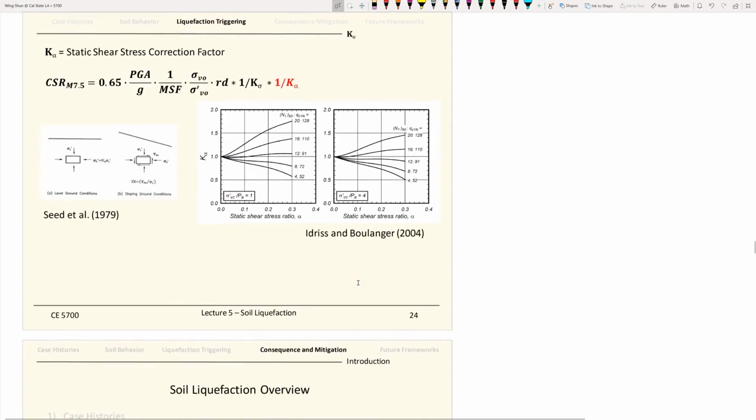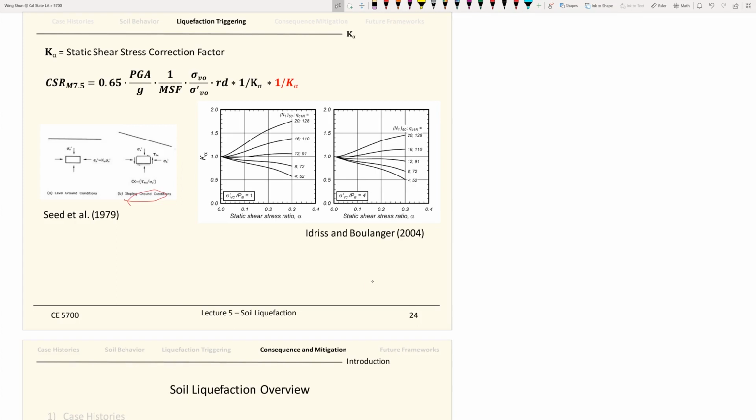The other factor is what we call the static shear stress correction factor. This one is a correction for sloping ground. When you have sloping ground conditions, there's a static shear stress acting on the soil. This is very complicated, and a lot of research still needs to be done on this subject.